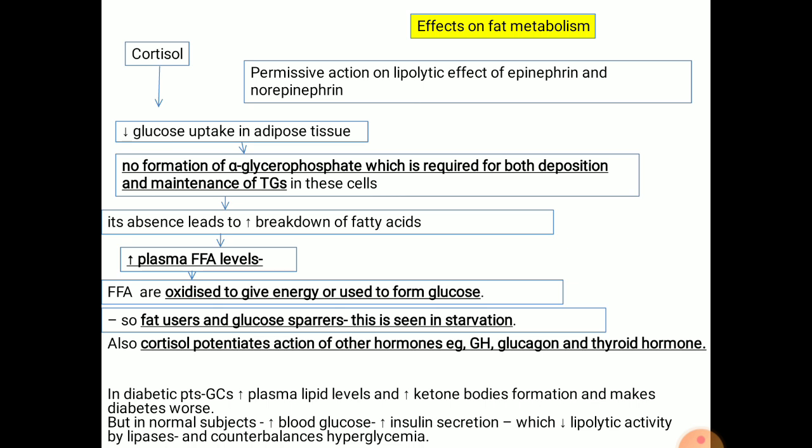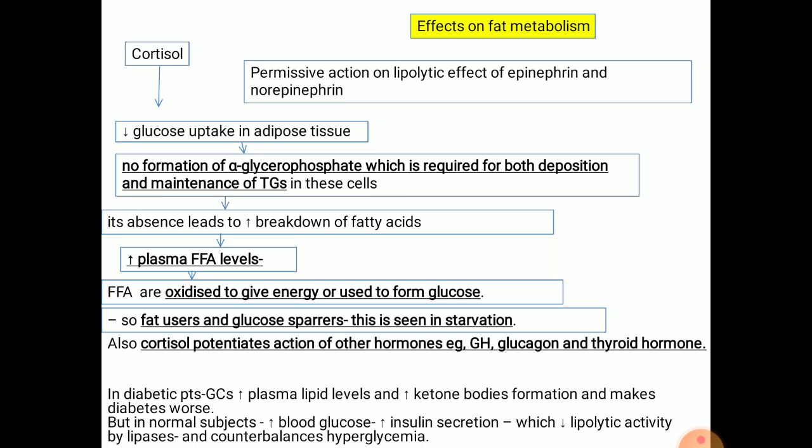And here the cortisol mainly decreases the glucose uptake in the adipose tissue. In the presence of the cortisol, the adipose tissue can't take the glucose inside the adipose cell, so there is no formation of alpha glycerophosphate, and that is required for both deposition as well as maintenance of the triglyceride in these cells. And you know that the triglyceride is the storage form of the fat, and that remains in the adipose tissue.